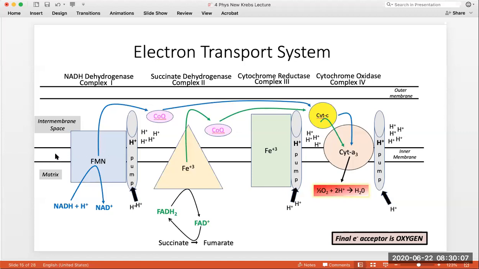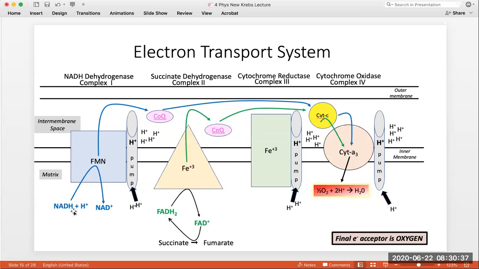Again, here is the inner membrane of your mitochondria. That means this space here is the matrix. This space here is the intermembrane space. Here's your outer membrane of the mitochondria. So the reactions of Krebs cycle are taking place here. So electrons that are going to get transferred to the electron transport system, that are being transferred by NADH plus H plus, are going to transfer those electrons at complex 1.